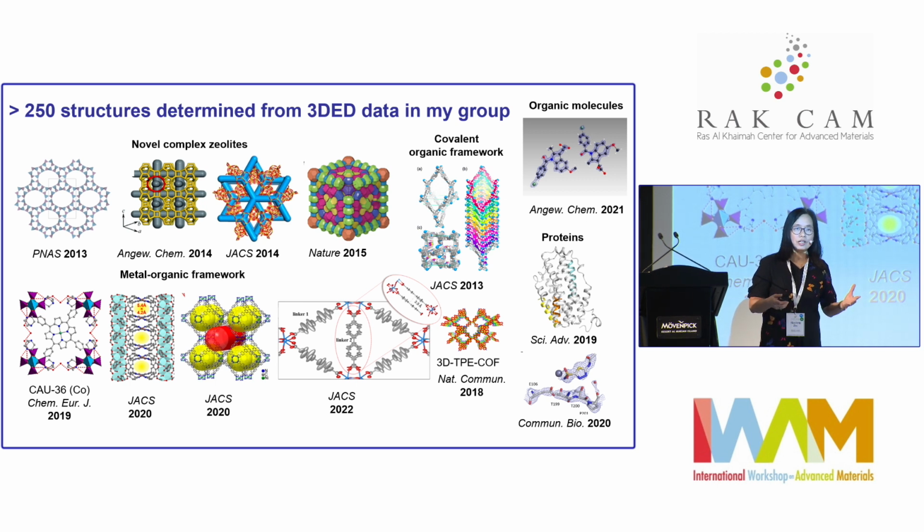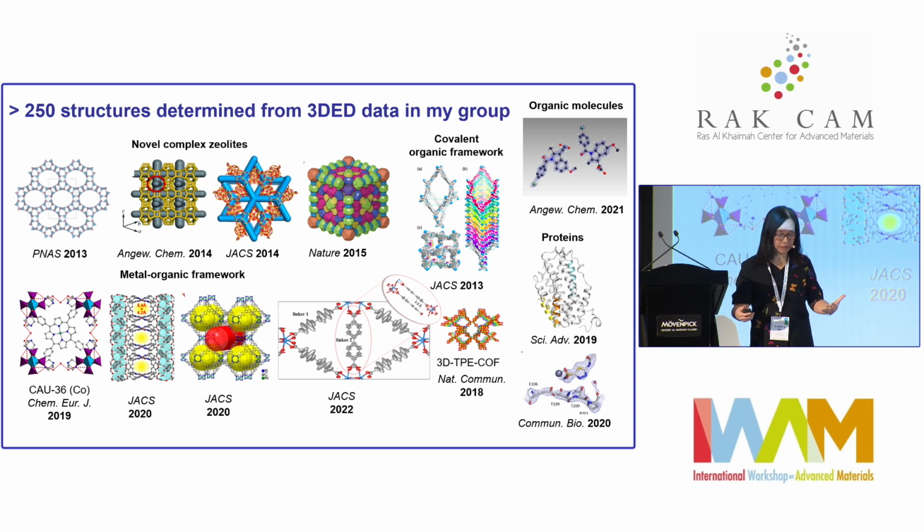Now many people send me samples, wanting me to help them solve the structure, and I think it's not possible for me to take care of all the samples. So during the last years, we have been trying to develop methods, and hopefully make them automated and easy to use, accessible for most people.